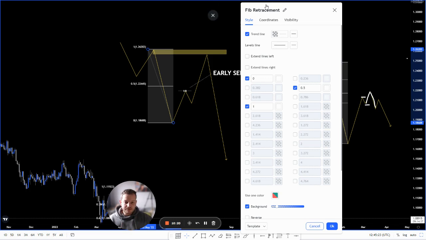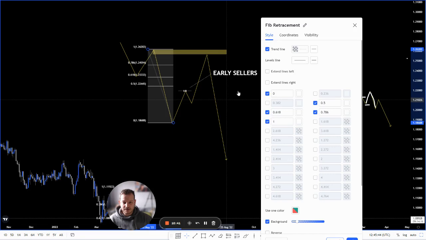But yeah, pretty much, so don't overcomplicate it. We'll leave the 618 and the 786 on for now. But you don't need to enter at any specific points. As long as it's within this area, then you want to look for an entry.